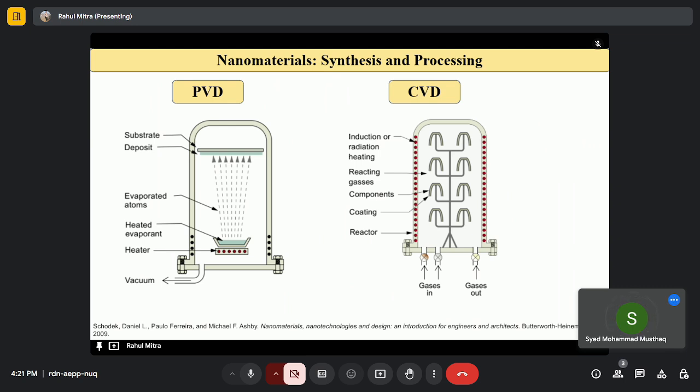So now finally we came to PVD. This is the physical vapor deposition process, and this was the chemical vapor deposition process. And here we want to form 1D or 2-dimensional nanomaterials. Right?